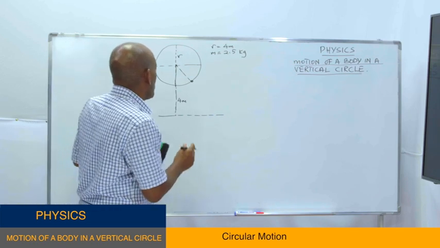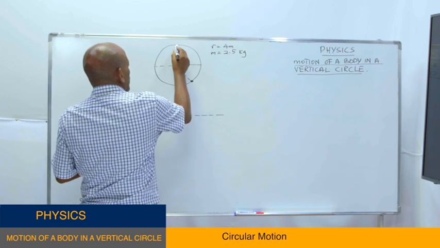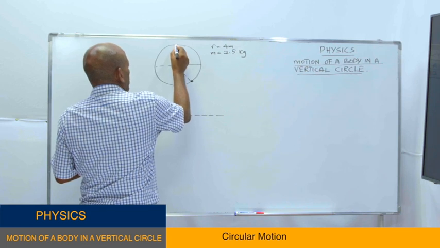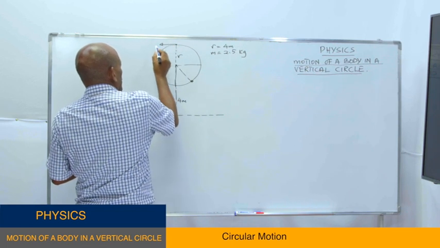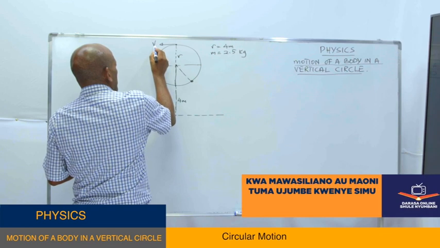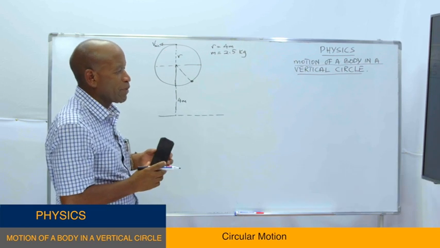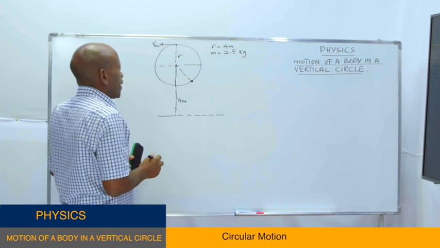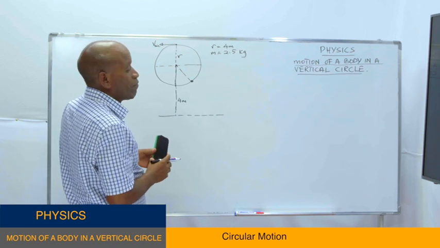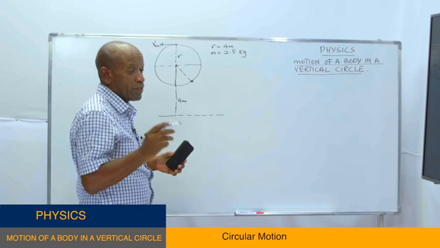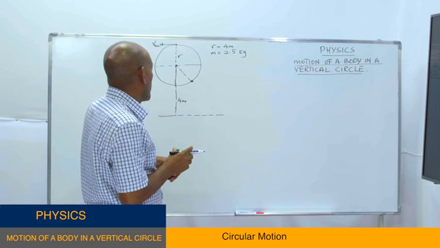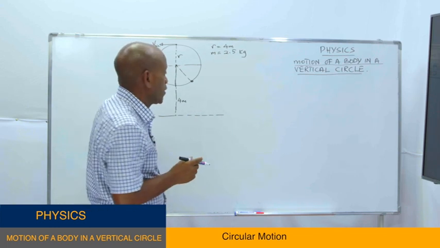The minimum speed of the stone is obtained at the top. If it's moving that way, here we'll be getting the minimum speed, and that minimum velocity is what we derived in our last lesson.